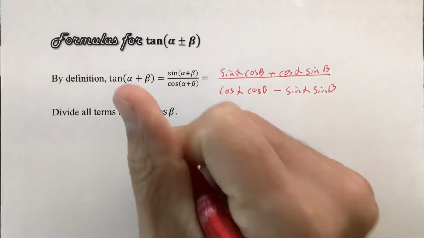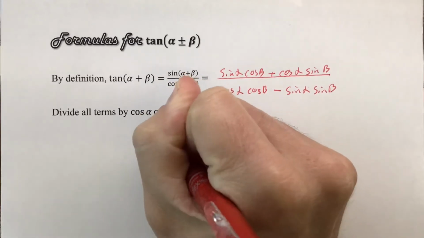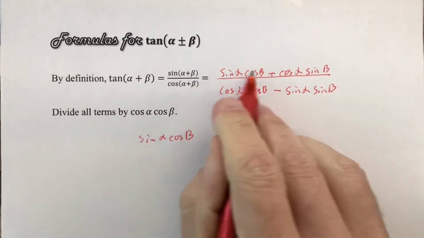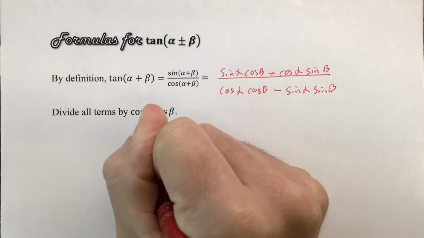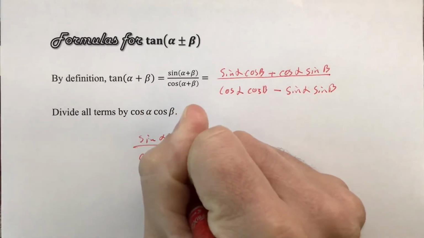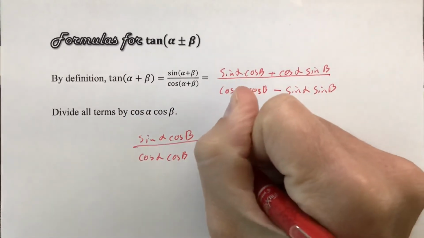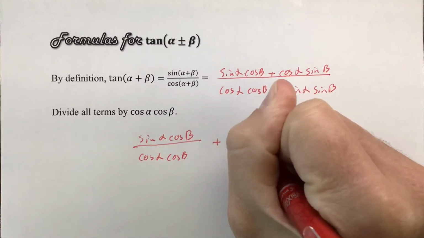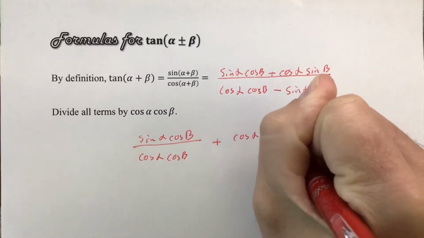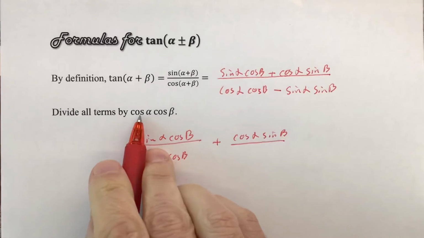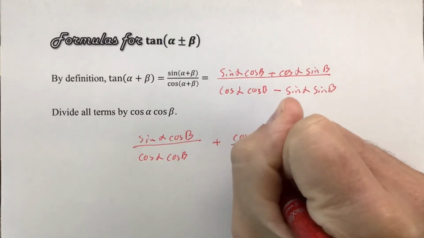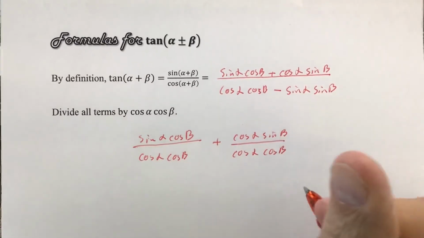All right, so we got the sine of alpha, cosine beta, which is just this, and that's going to get divided by cosine alpha, cosine beta. This piece here, we then have addition, cosine alpha, sine beta, divided by that, cosine alpha, cosine beta.